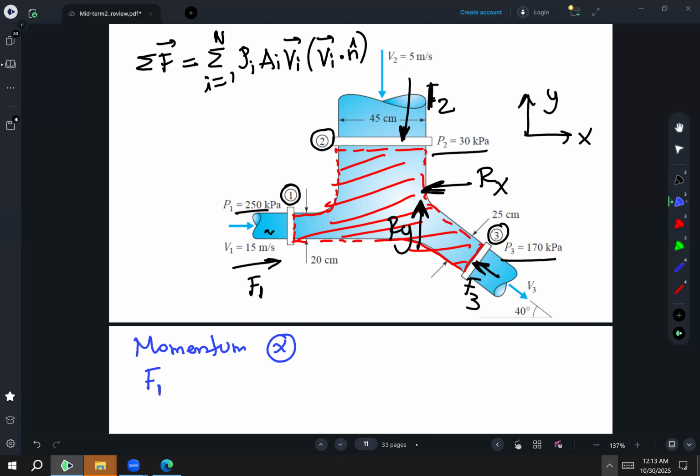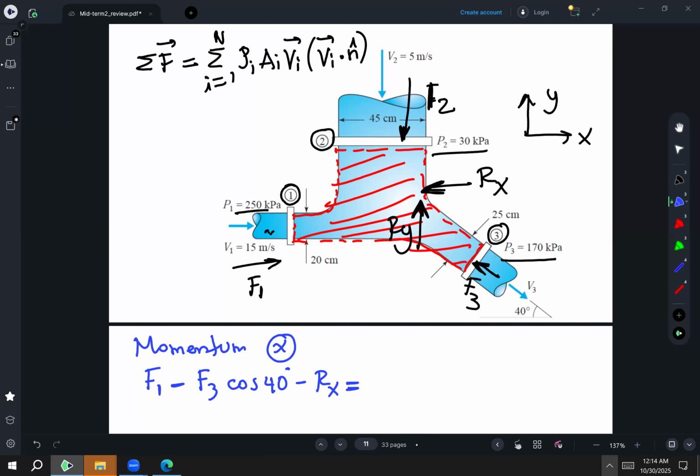So F3 is going to be negative because the component is pointing in the negative x direction. So it's going to be minus F3 cosine of 40 degrees. The reaction in x is pointing in the negative direction of x, so that's going to be minus Rx. And that will be equal to now the momentum.